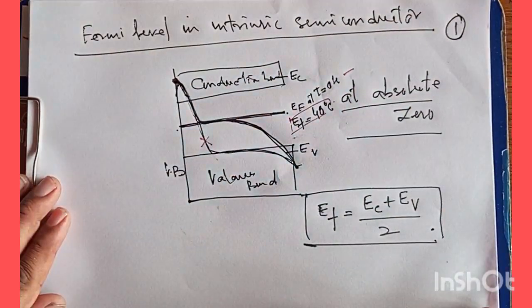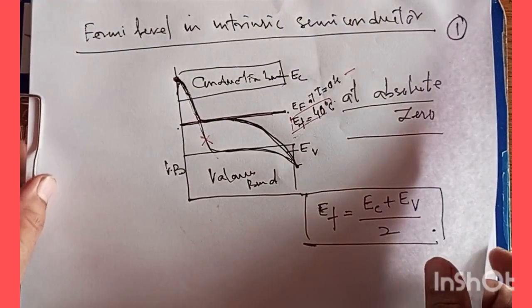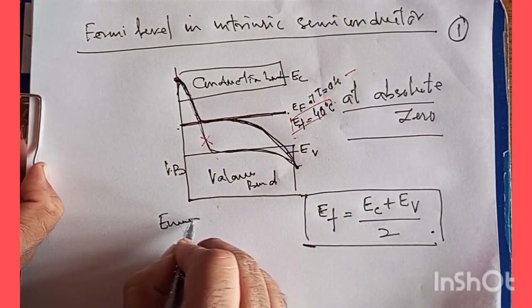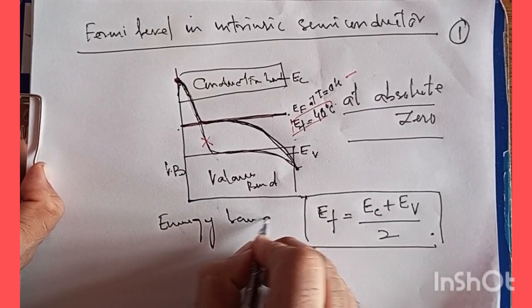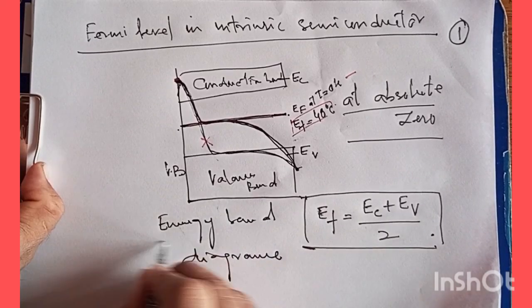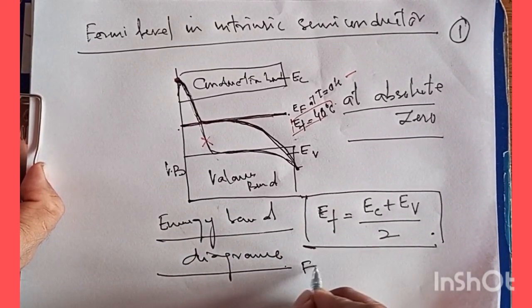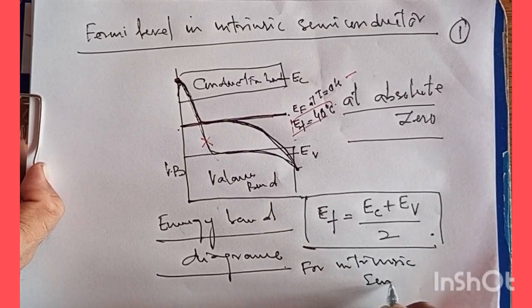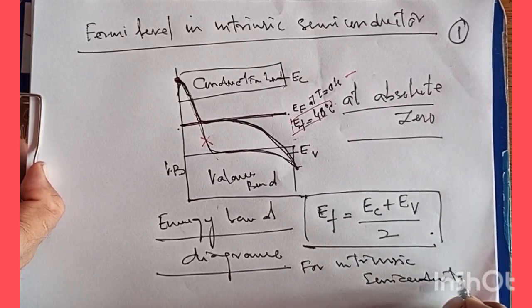Okay, so this is the energy band diagram for an intrinsic semiconductor.